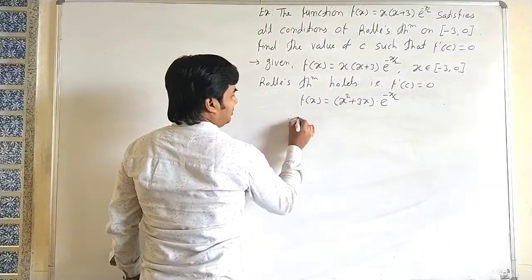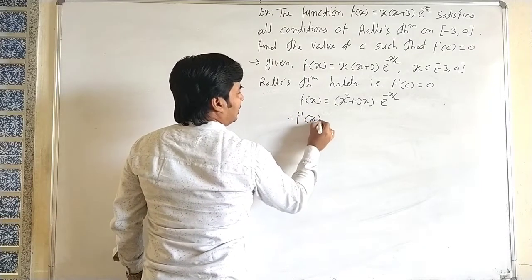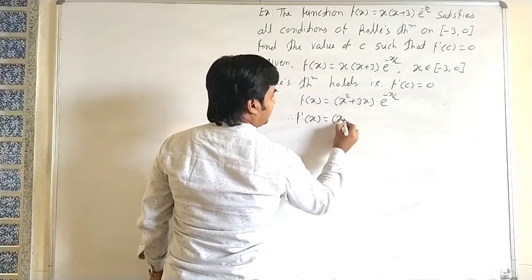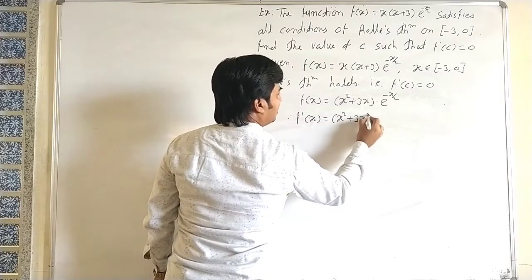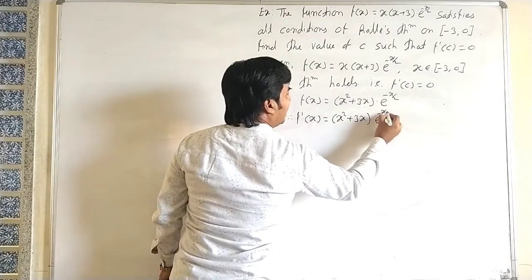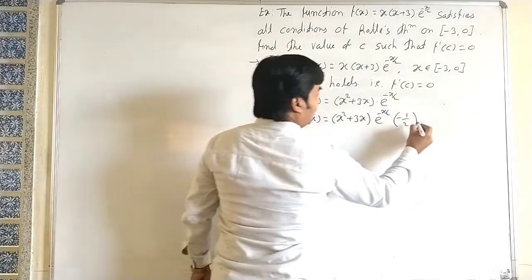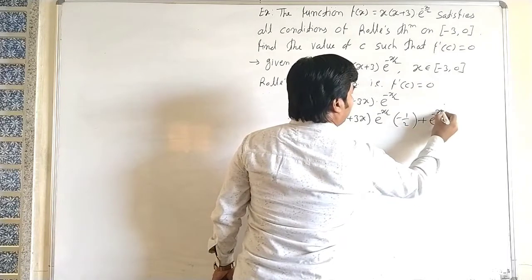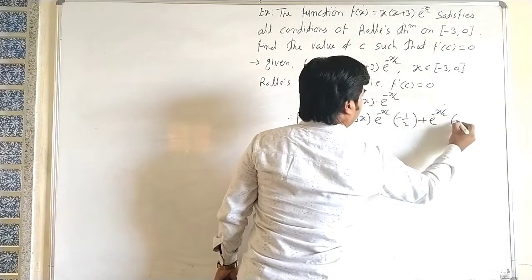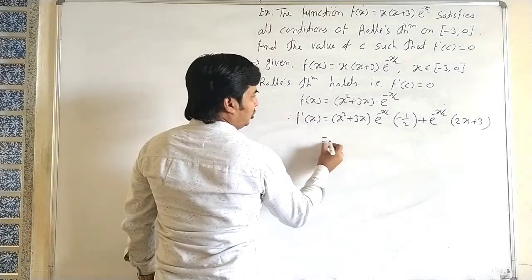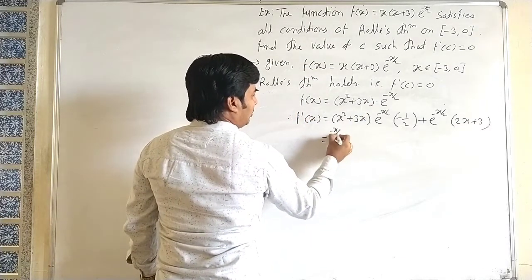Therefore f dash of x is equal to, here first function as it is, x square plus 3x into e to the power minus x by 2 into minus 1 by 2, plus e to the power minus x by 2 into 2x plus 3. Now take e to the power minus x by 2 common.